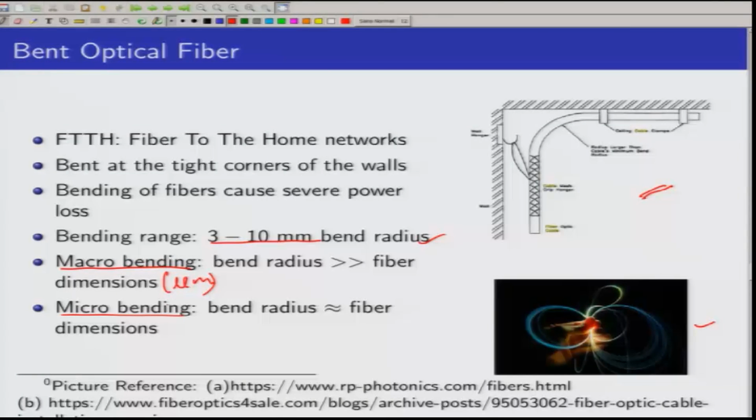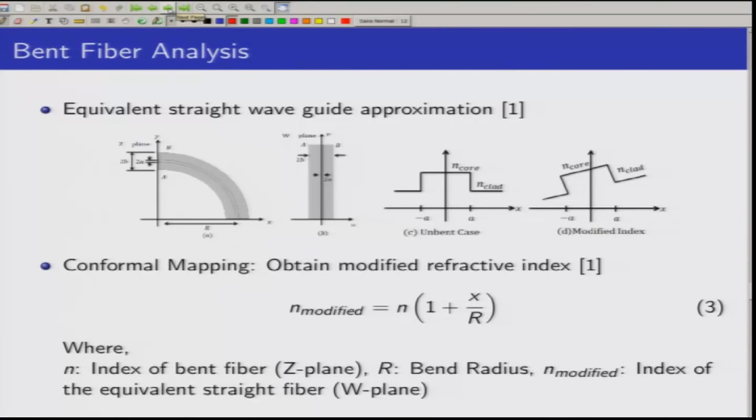Now, we know this comes under the macro bending case. Let us see how we are going to approach this problem. In figure A, we have a bent waveguide in an xy coordinate system, or equivalently a z plane, where the fiber is bent and has a certain refractive index, let us say n.